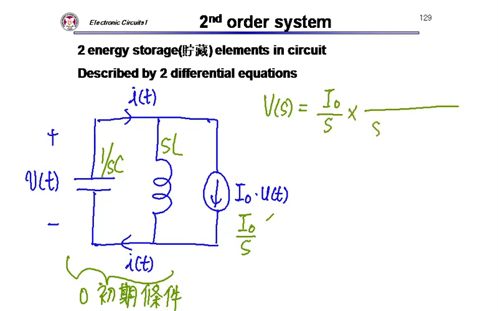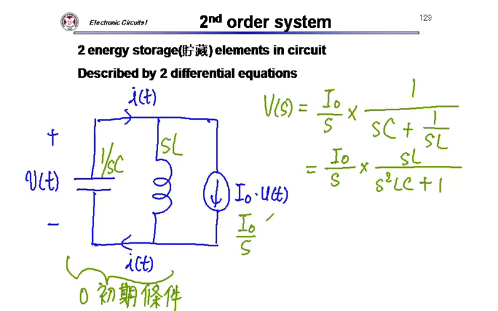That's the sum of impedances. This is my equation. Then this is what? L I0.